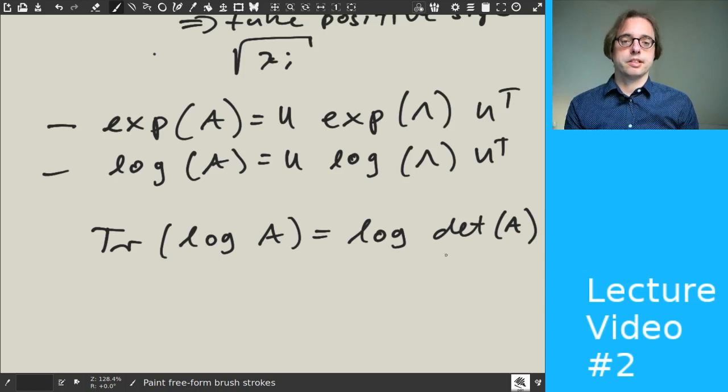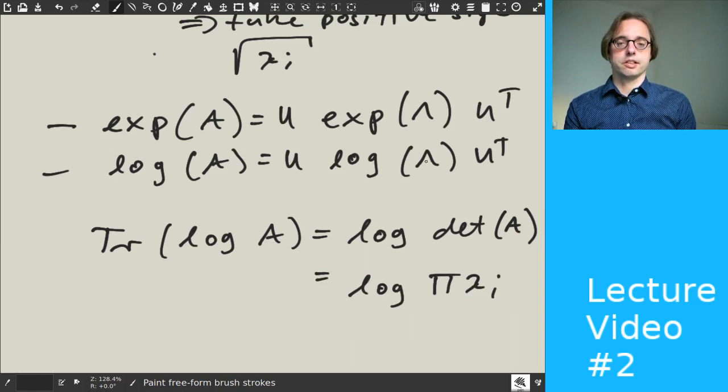So remember, log determinant of A is just a number, and we know that the determinant is the product of the eigenvalues, and then we take the log, whereas the logarithm of A has eigenvalues log lambda i, and trace is just the sum.